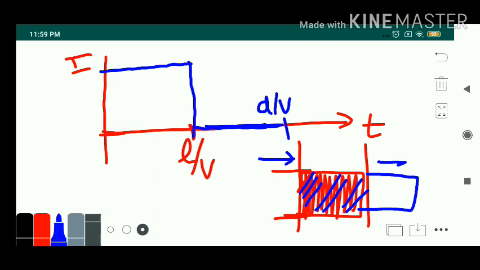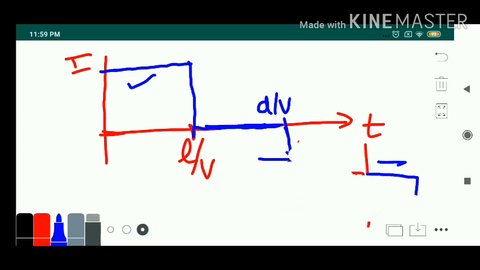So when the current initially was positive, now the current will be in the negative direction. I'm going to rub this out so that we can draw the figure properly. Clear? So this is our graph.